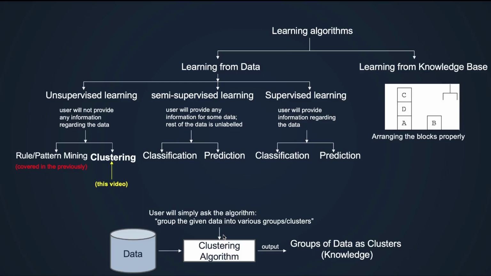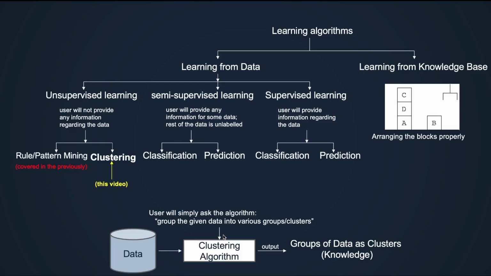That is, a user will provide the knowledge base and the algorithm will use the provided knowledge base for decision making purposes. The other category of learning algorithms are learning from the data. These algorithms are broadly classified into three types: unsupervised learning, supervised learning, and semi-supervised learning.